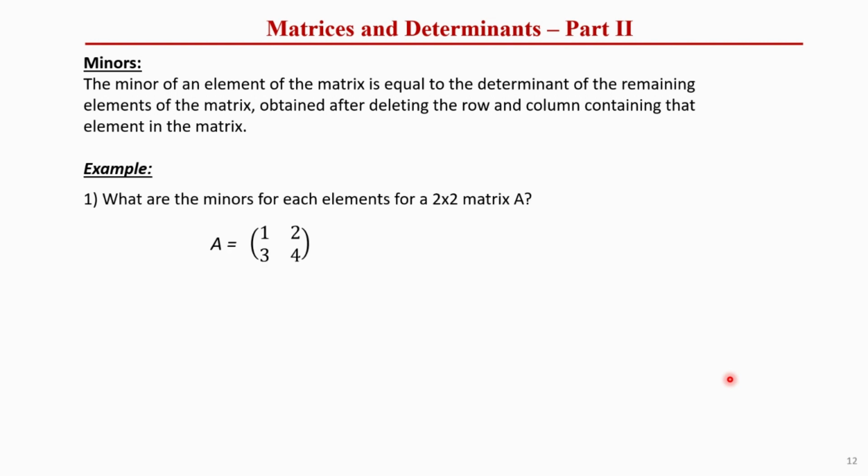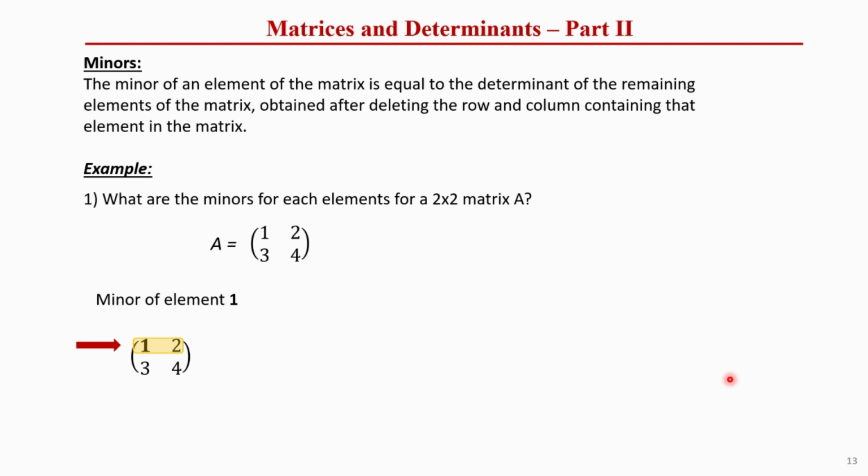So here we have a 2 by 2 matrix A with elements 1, 2, 3, and 4. For each of the elements in matrix A, we can find its minor. So the question is, what is the minor of element 1? To find the minor of element 1, we delete the row containing element 1, which is the first row.